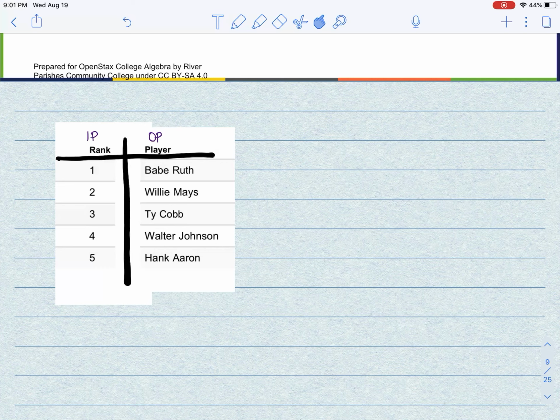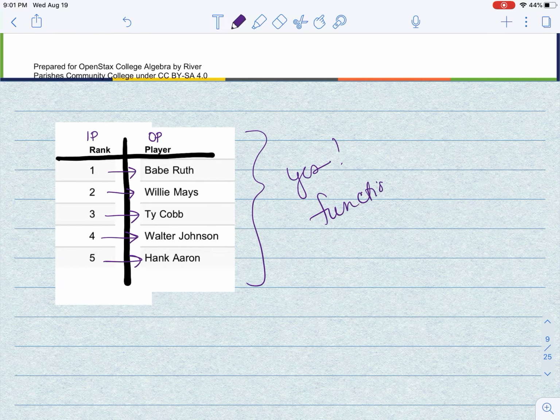So 1 is only associated with Babe Ruth. 2 is only associated with Willie Mays. 3 with Ty Cobb. 4 with Walter Johnson. 5 with Hank Aaron. So in this case, yes, it is a function.